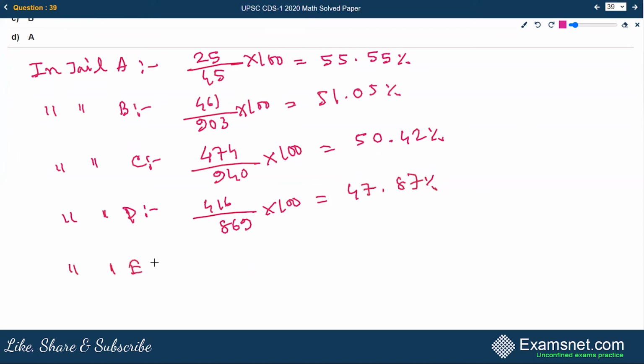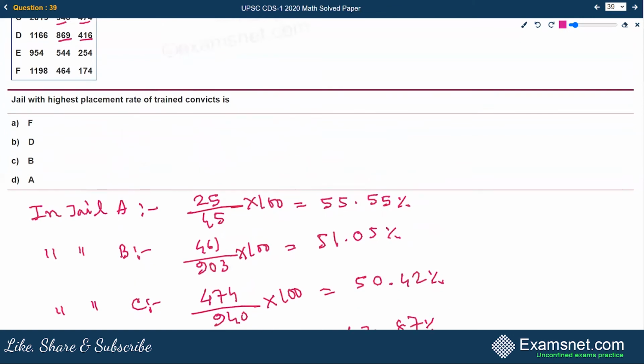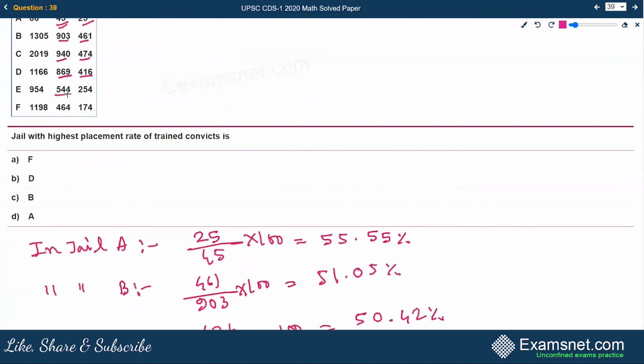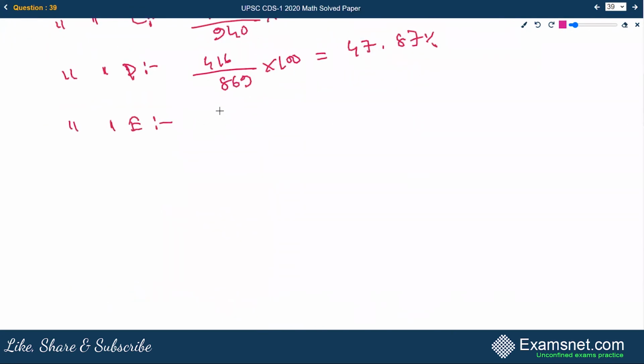In jail E, we can see among 544, 254 convicts were offered placement. 254 by 544 multiplied by 100, that is 46.7%.